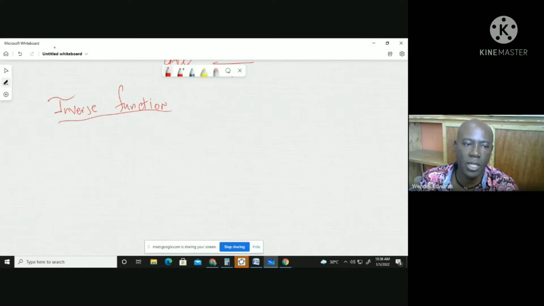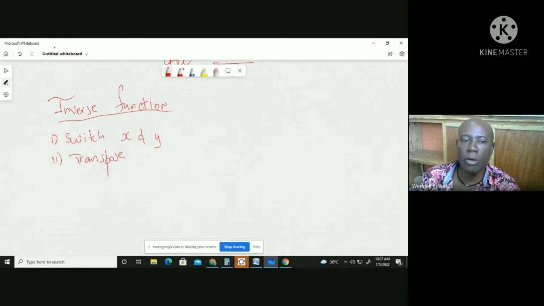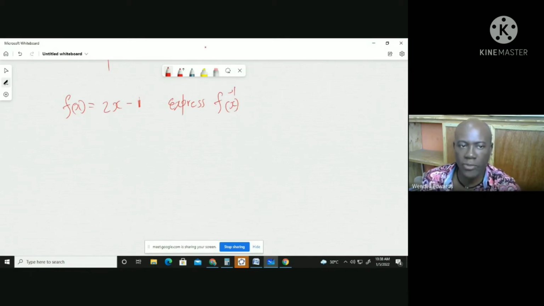One is that we're going to be switching: we will switch x and y, and then two, we'll transpose. So it's either we transpose early, then switch x and y, or we switch x and y, then transpose after.